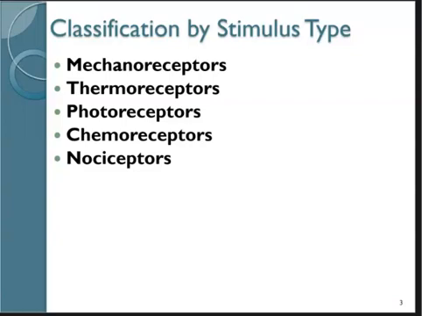Then chemoreceptors detect chemicals, either in a fluid or in air, like our olfactory sense. Our sense of smell detects the chemicals in the air, and then they are able to analyze them. So taste, smell, even some biochemical changes like how much water is there.